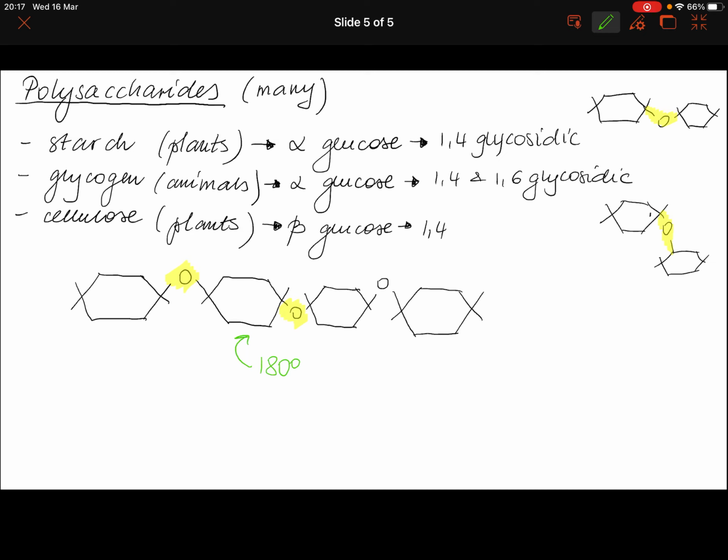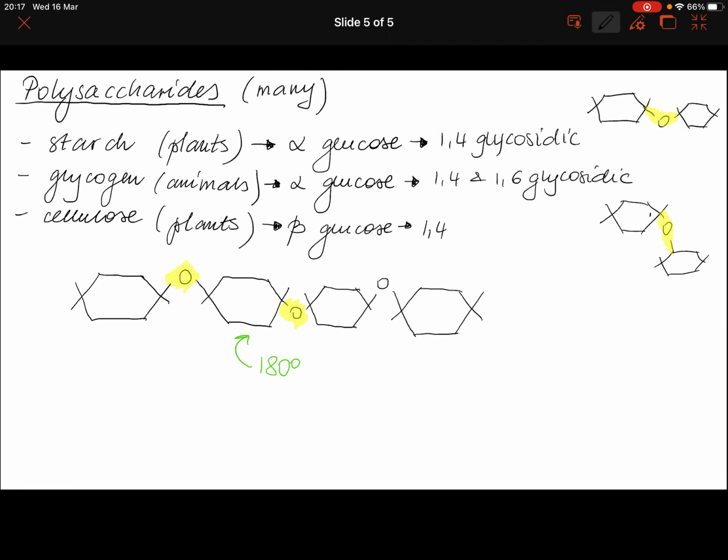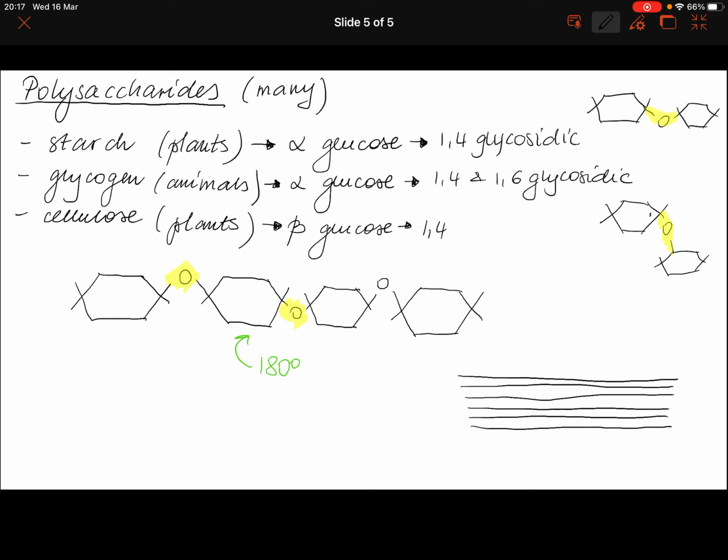The reason behind that is because we've said that cellulose makes the plant's cell walls. So it has to be a straight and strong molecule. So imagine now here we've got many chains of beta glucose. So the single lines are the chains of beta glucoses, so the cellulose. Beta glucoses then arrange themselves into those chains, forming microfibrils.